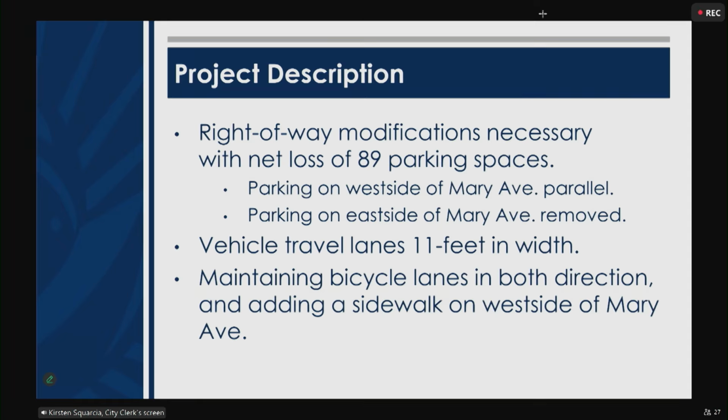The travel lanes will go from 11.5 feet to 11 feet, which is consistent with the travel lane widths on De Anza Boulevard as well as McClellan Road, two streets which have higher traffic counts. Although we talk about the modification on Mary Avenue, there will be a maintenance of bike lanes in both north and south directions, as well as the addition of a sidewalk where one does not exist on the west side of Mary Avenue. Next slide, please.